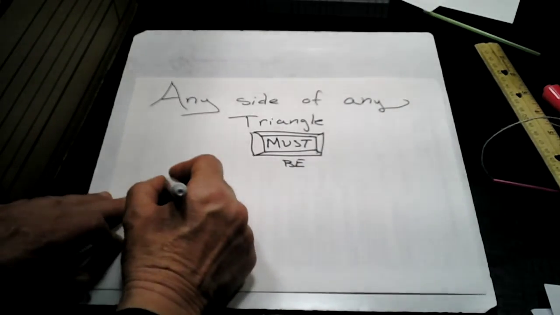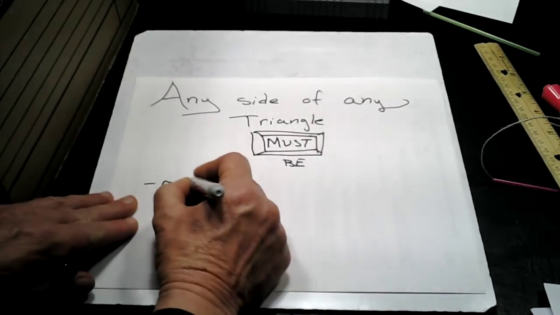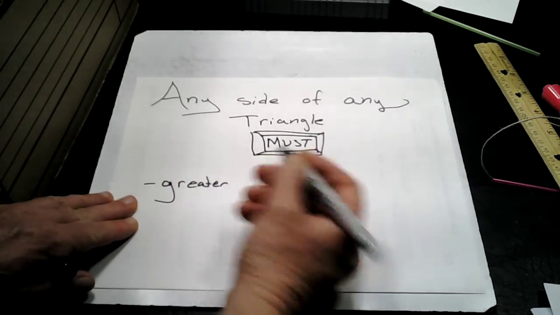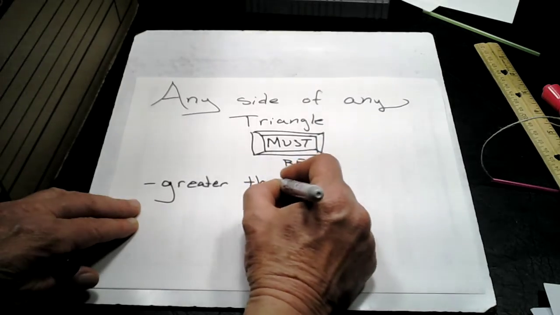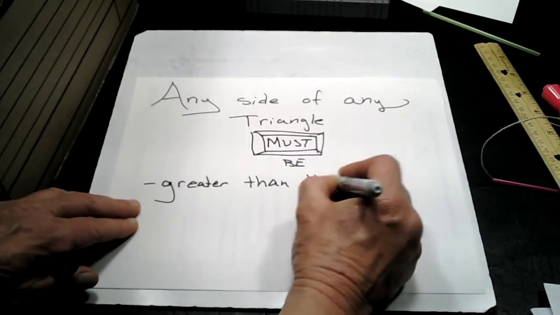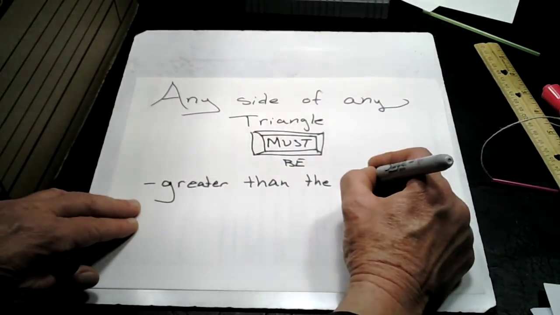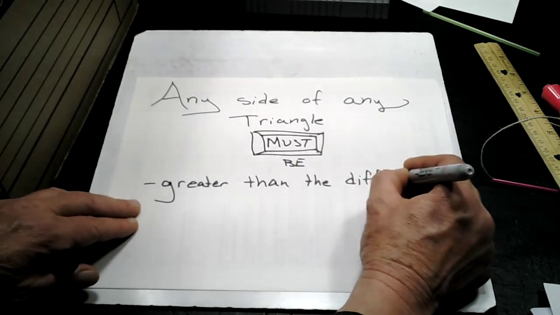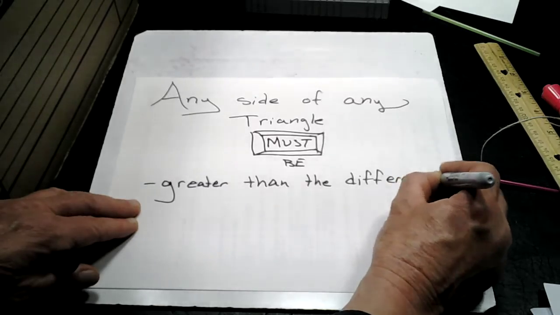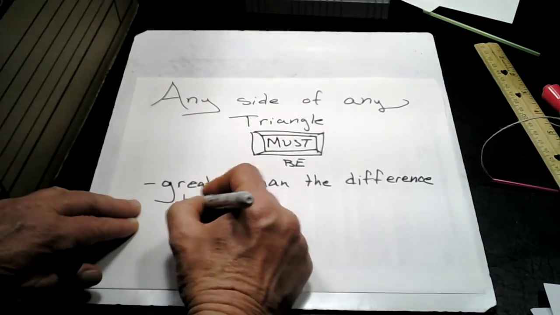It must be greater than the difference of the other two sides. Write it down. Or a difference between, but I'm going to write difference of. I guess I should say between.